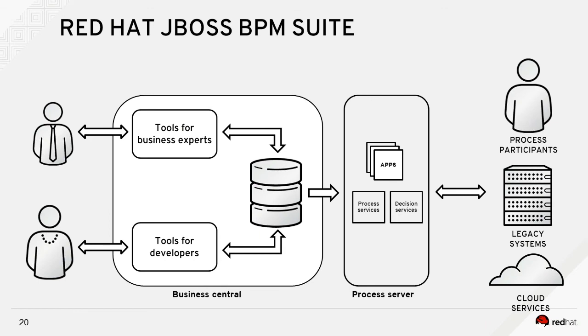Our business experts create the diagrams and the models, the developers create code that perhaps links those models to back-end systems and handles some of the lower level details, and together those are combined to create applications which can then run on what we call our process server. It can all run in the cloud, it can run in your data center, and so forth.